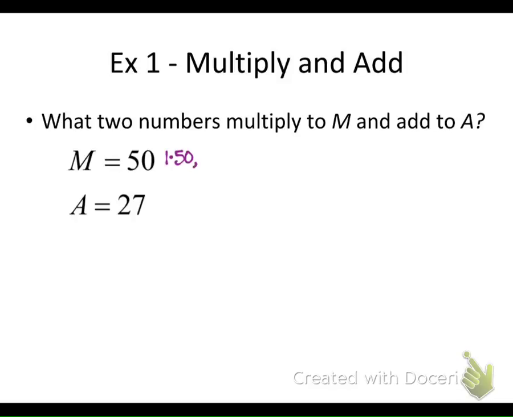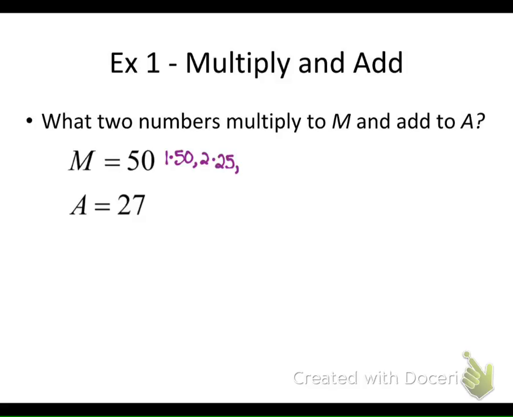Okay, what about 2? 2 times what equals 50? If you don't know, you can divide it. 50 divided by 2 is 25. 2 times 25. What about 3? No. What about 4?